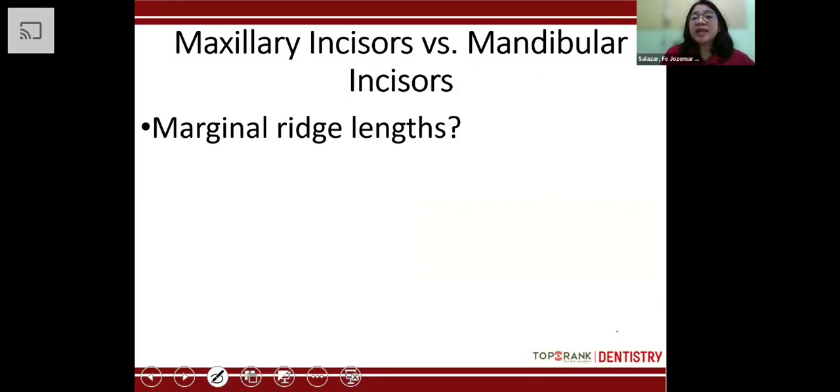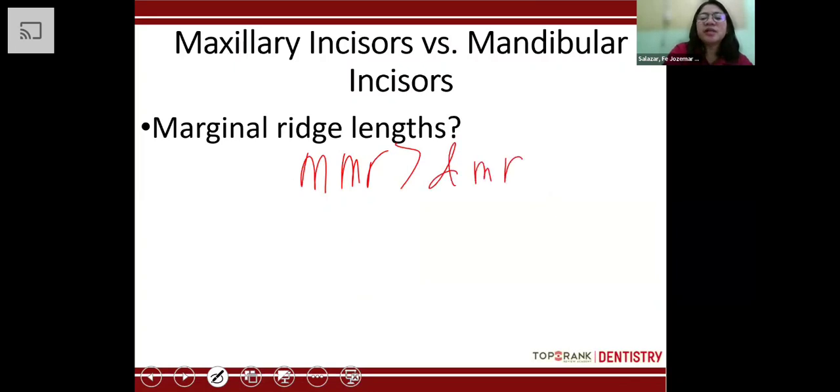So marginal ridge length, na-discuss na natin. Ano ulit? Yung mas mahaba, mesial or distal marginal ridge? What is longer, mesial or distal marginal ridge? Yes, mesial marginal ridge is longer than distal marginal ridge. Ano yung exception ulit? Kasi equal.